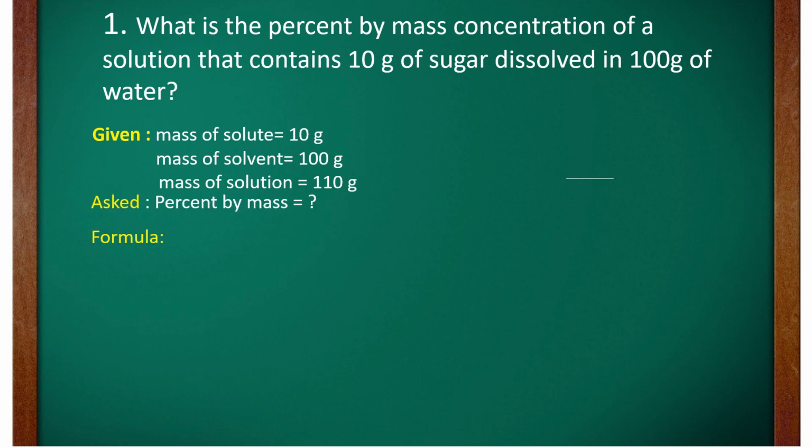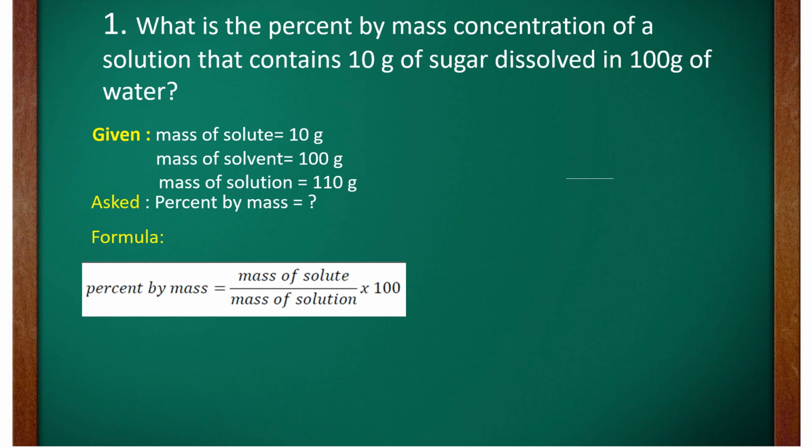Percent by mass. And we will use this formula. For the solution, percent by mass is equal to 10 grams divided by 110 grams times 100. And the answer is 9.09%. Did you get it correct?